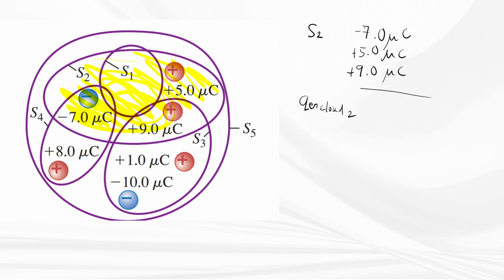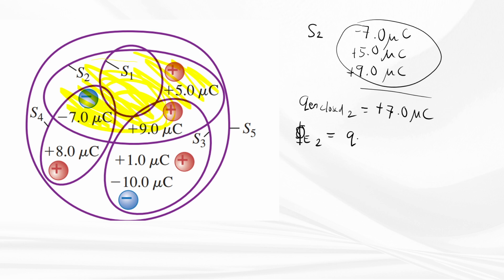Okay? So, how do I do that? Just add all of these. So, -7 plus 5 is -2, plus 9, meaning I have a net charge of positive 7.0 microcoulomb. Right? That is what I will put in getting my electric flux at surface 2.